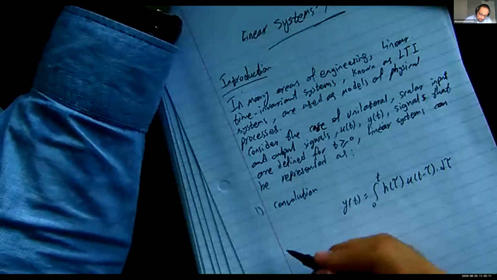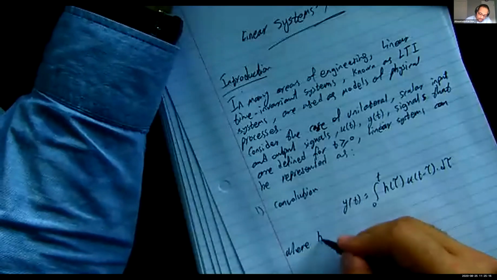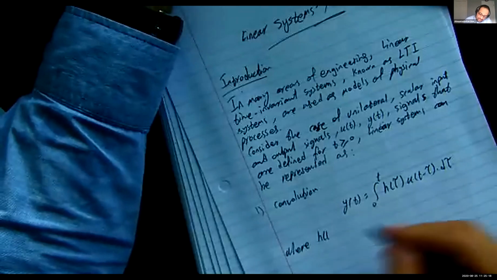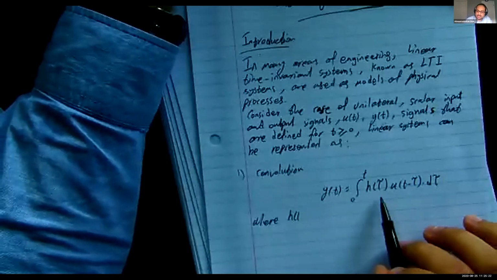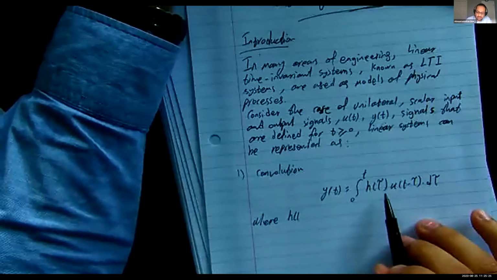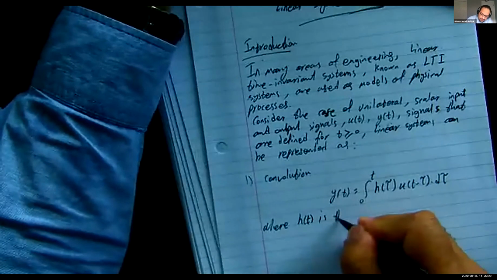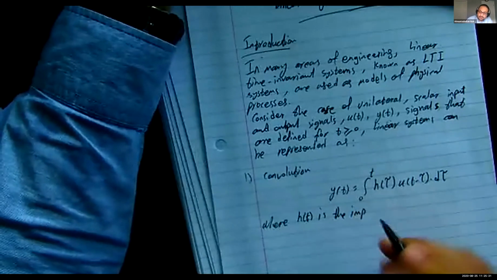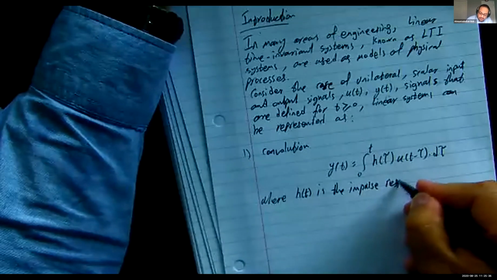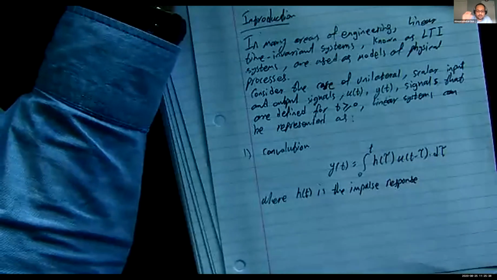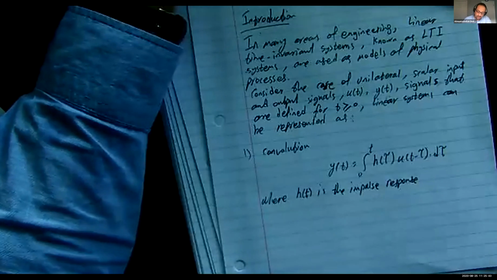Here, h of t, I can call it t here, and tau is what we call a dummy variable. Okay, h of t is the impulse response, and it's a real function.